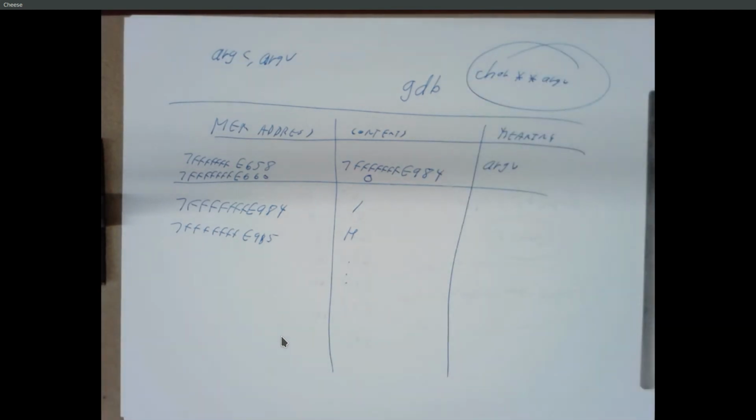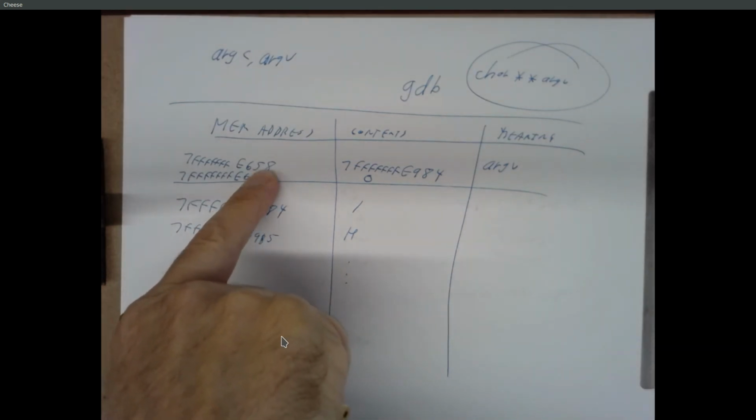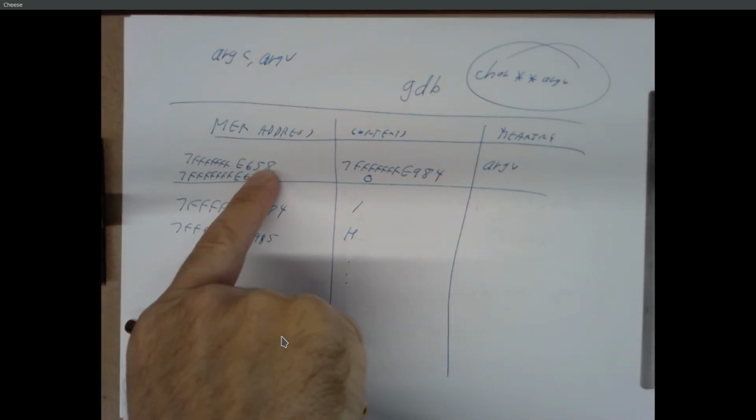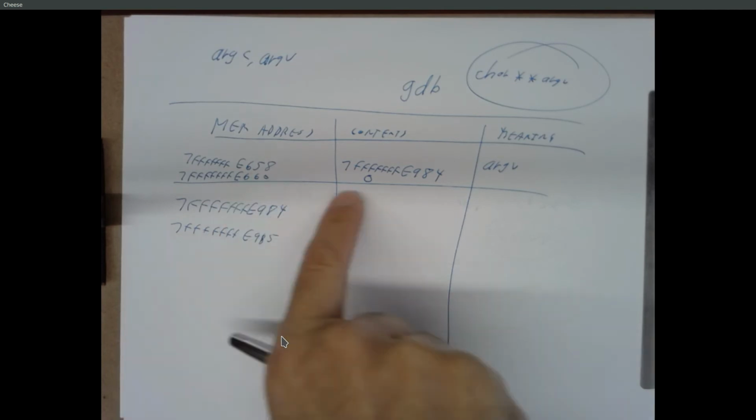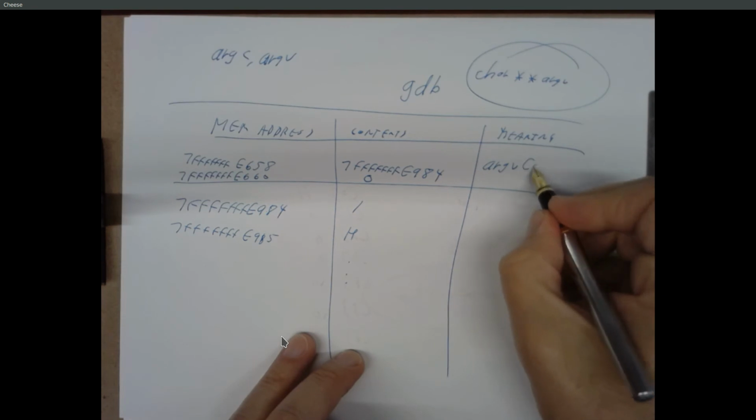Char star star argv. Argv is a pointer, which means argv is an array. And argv, the name argv, is the address of the first thing in that array. Okay, argv is E658. This is the address of the first thing in the array. So what we find there is actually the first thing in the argv array.